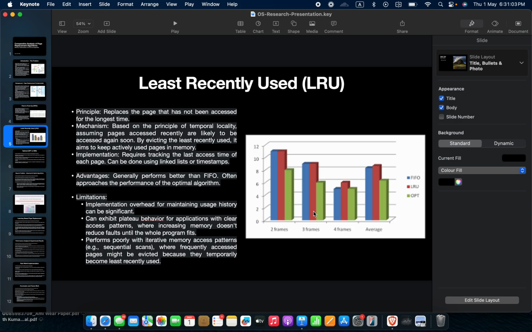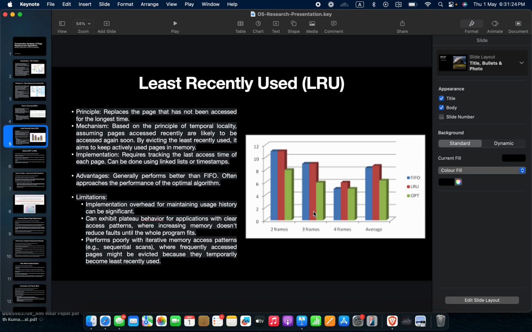And in the least recently used, LRU implementation requires tracking the last access time of a page, typically using linked lists or timestamps.